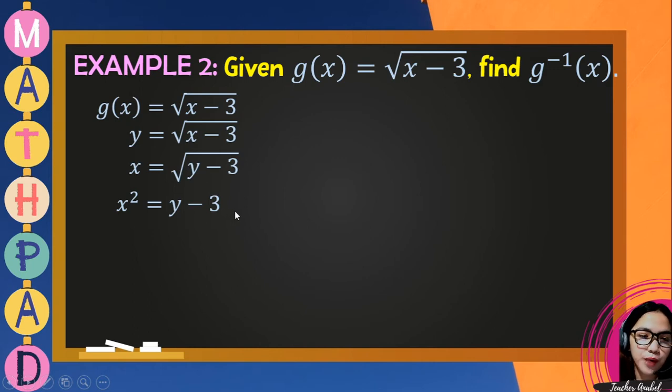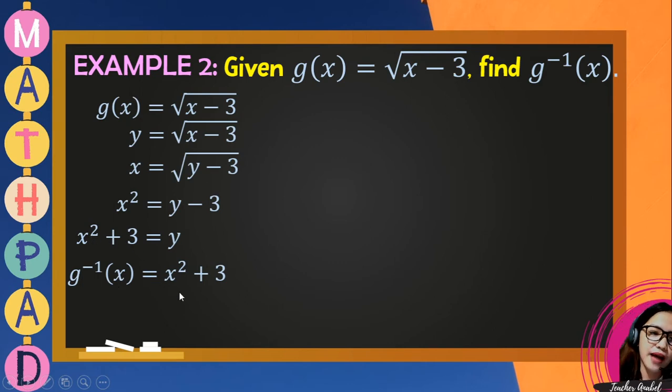And then addition property of equality again. So x squared added by 3 is equal to y. Okay, since na-solve na natin yung y, we can replace it by the inverse of g of x, and that is equal to x squared plus 3.